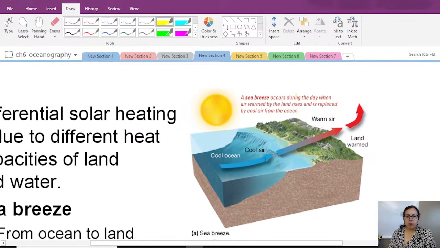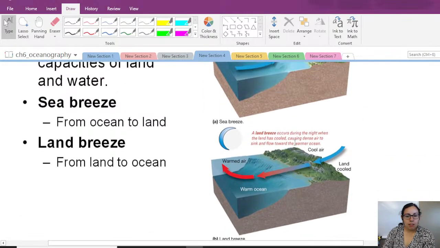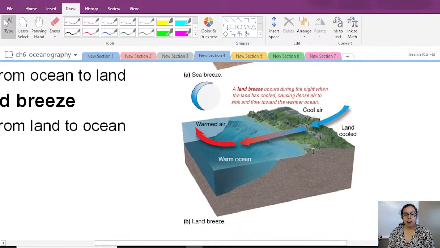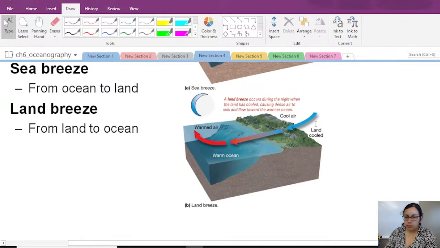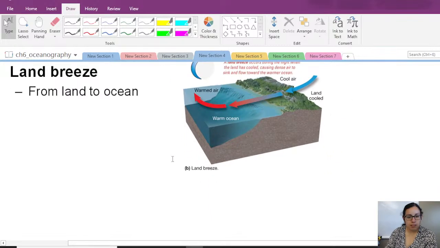It occurs during the day when air warmed by the land rises, creating low pressure, and that invites cool air in from the ocean. A land breeze occurs during the night after the land has cooled, so now warm air continues to rise over the ocean while land air goes out to the new low pressure area. So again, just high to low pressure, that basic concept.